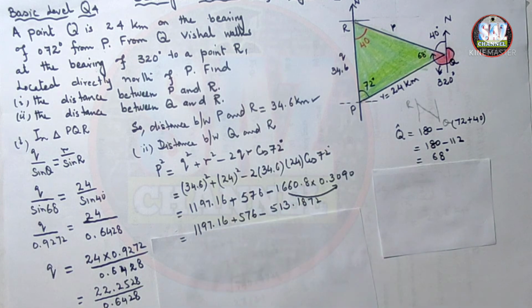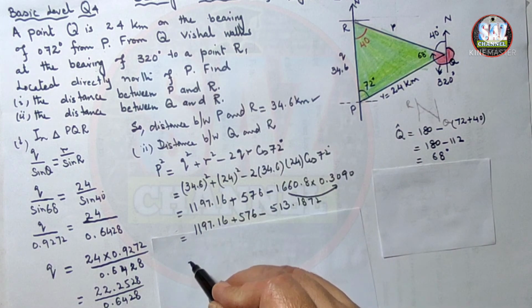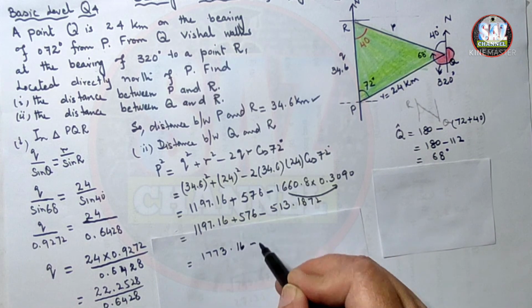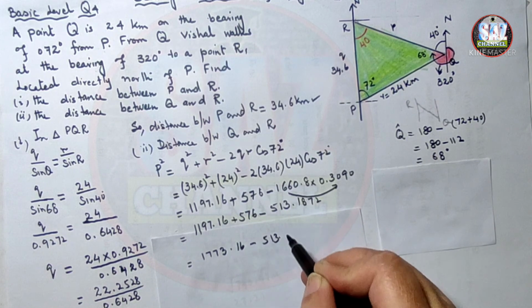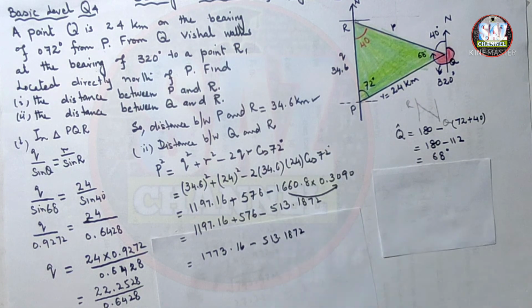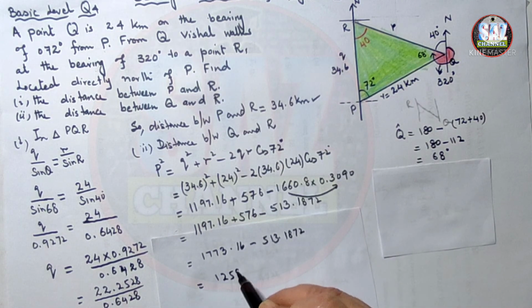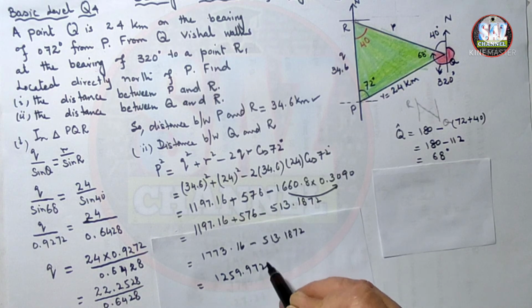Let me add up 1197.16 plus 576, and this gives me 1773.16, minus 513.1872, and this gives me 1259.9728.